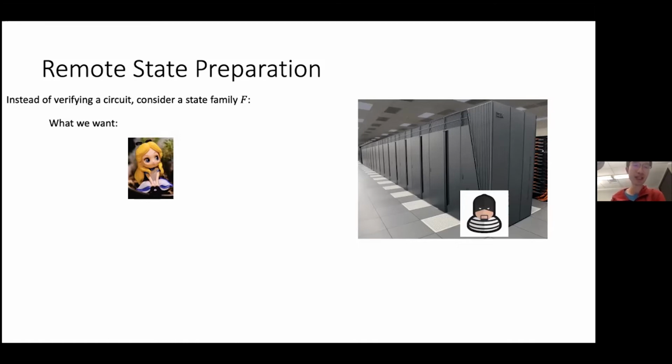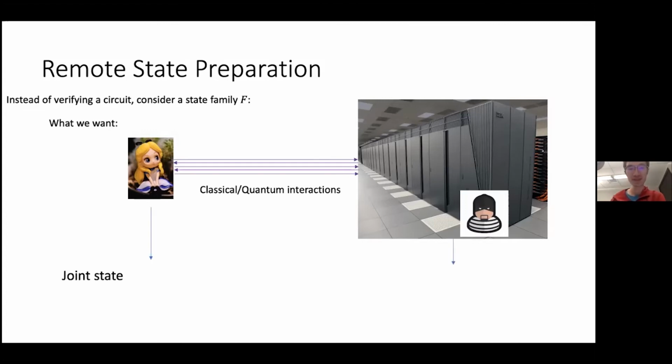So at the definition level, what we want is as follows. We want the client to interact with the server, and in the end, the joint state of the client and the server should be approximately the ideal state, where the client holds the description, and the server holds the state.